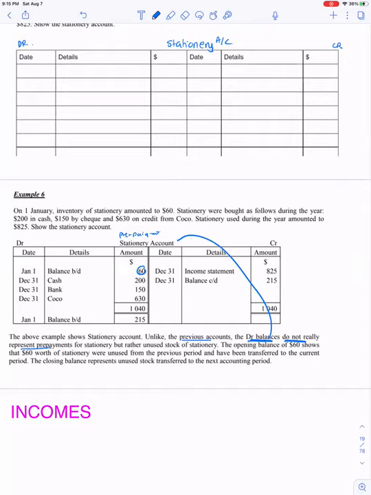In the stationery, the debit balance represents the stock of stationery that we have at the beginning of the year.